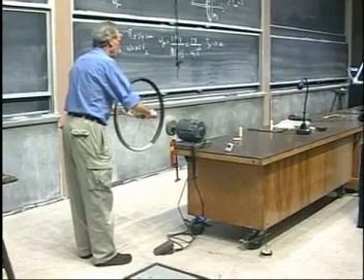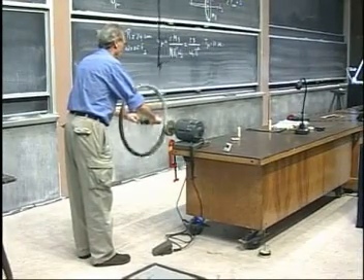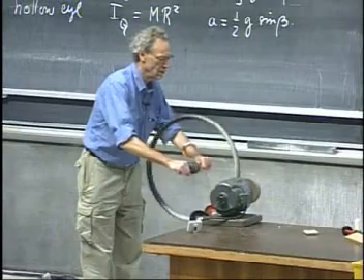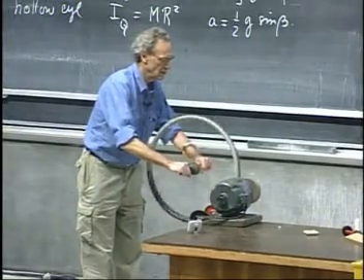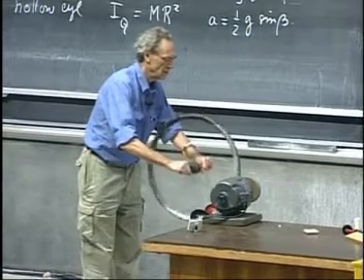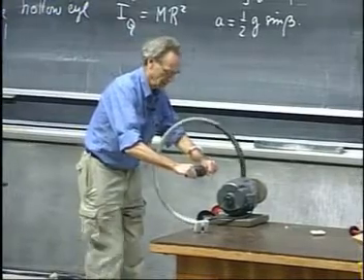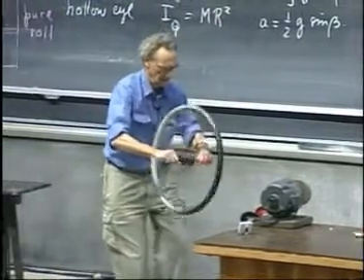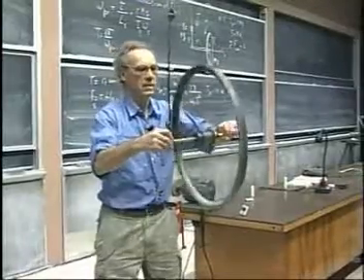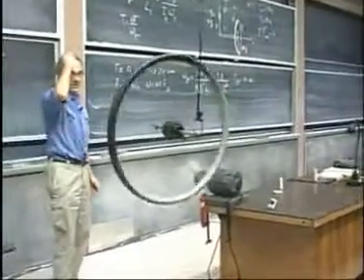Notice the way I'm spinning it. I'm holding it away from you now. I'm going to change it and do it differently next. And there it goes. About 10 seconds.